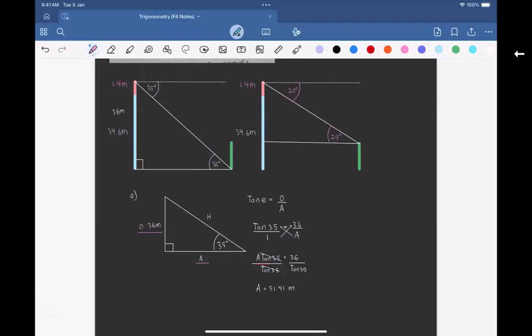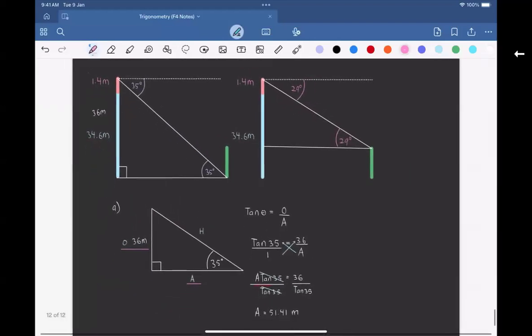So let me put in the labels now. This will be 51.41. And where else will be 51.41? Tell me, Nicholas. The 51.41 will be over here.